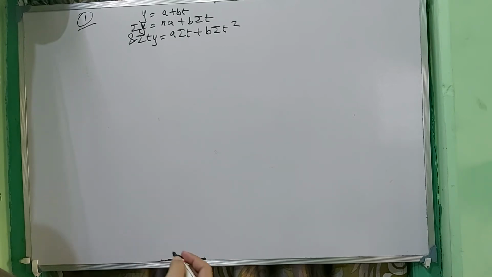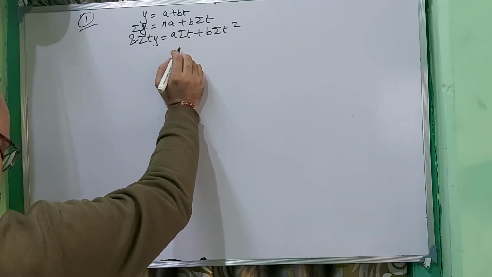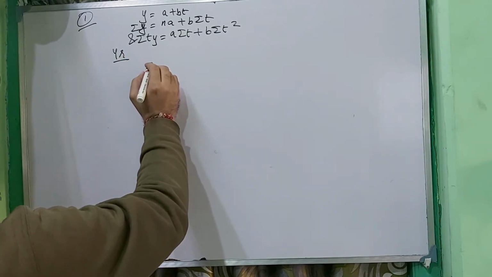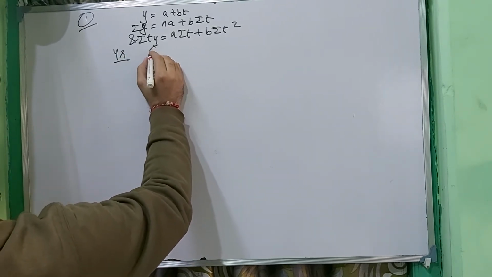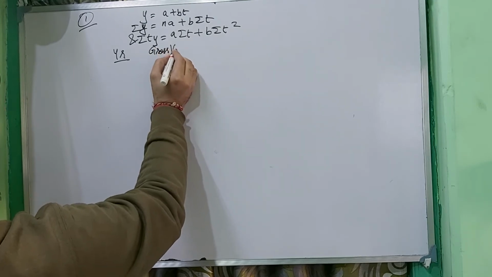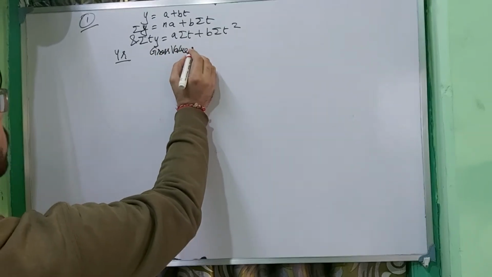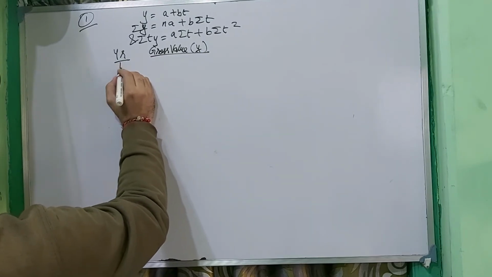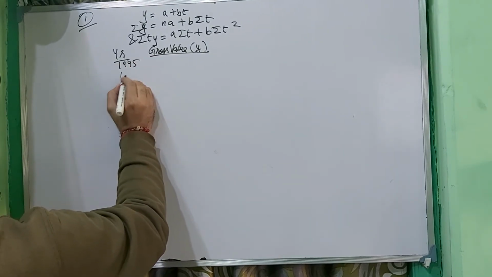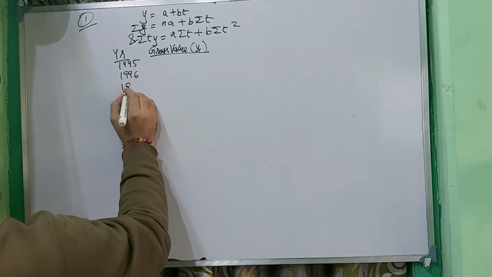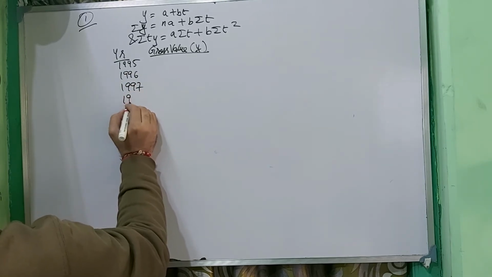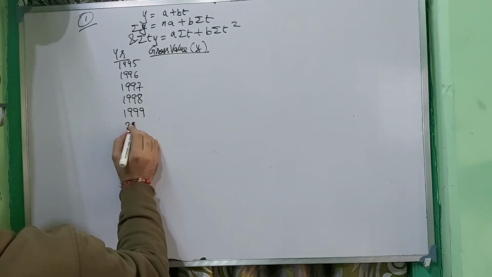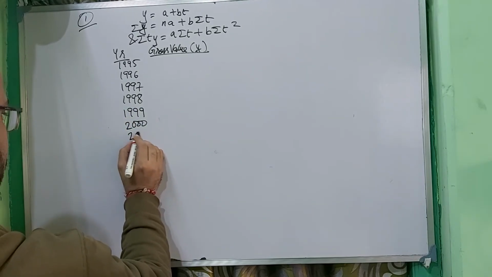And how do we have to compute the straight line trend equation? Here the gross value has been given, which we consider as y. Here are the years given: 1995, 1996, 1997, 1998, 1999, 2000 and 2001.